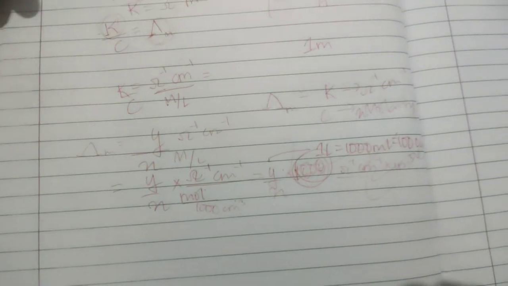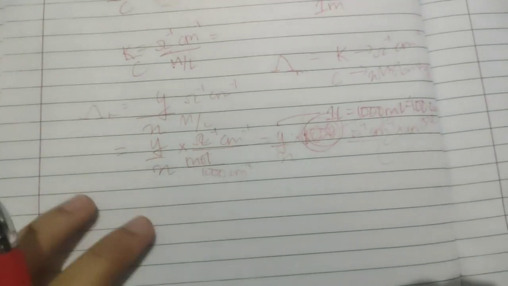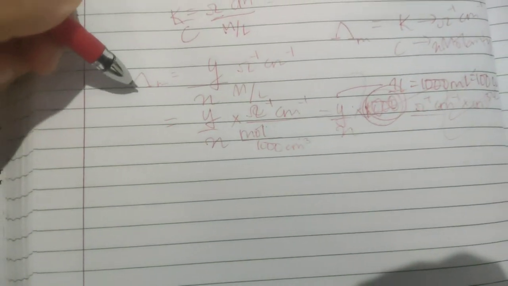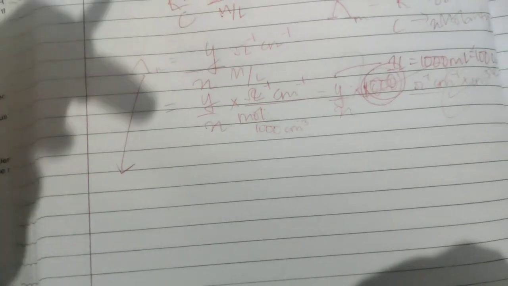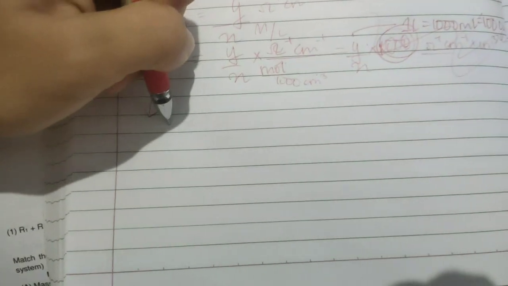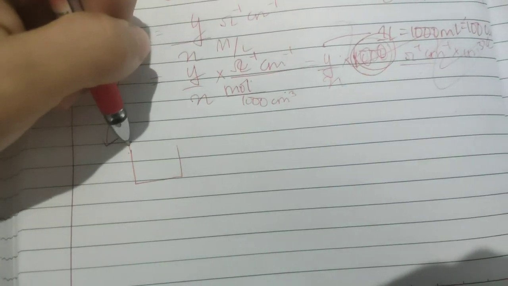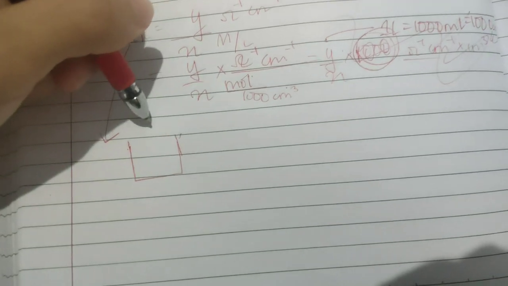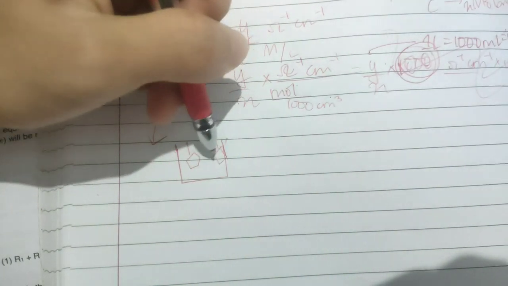And another thing that I would like to discuss is how molar conductivity, lambda, depends on the type of electrolyte. So hypothetically, say I had a strong electrolyte. The strong electrolyte has a bunch of ions between these electrodes.